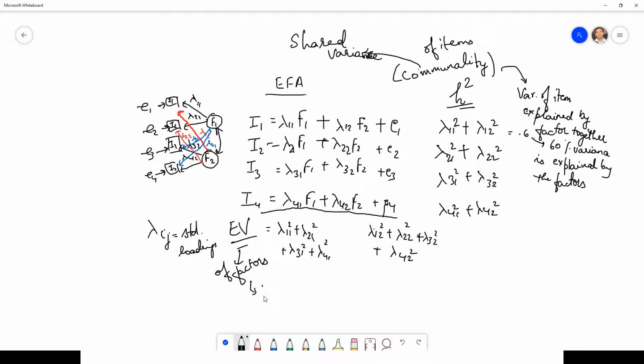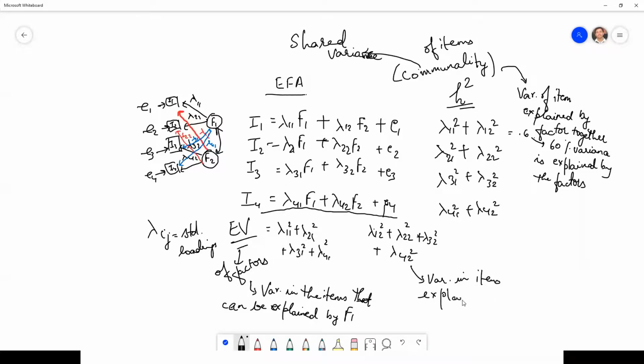It is the variance in all items put together that can be explained by factor F1, and likewise by factor 2.